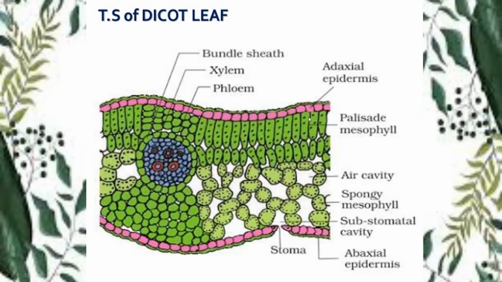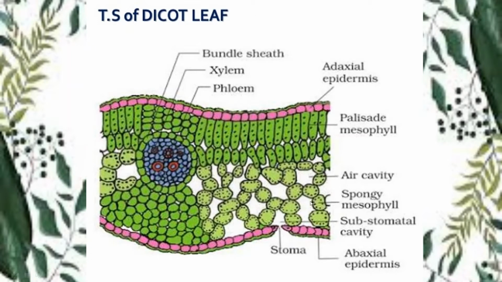Next, the inside part is the mesophyll portion. See, these elongated cells are the palisade mesophyll and these are the spongy mesophyll. Clear?